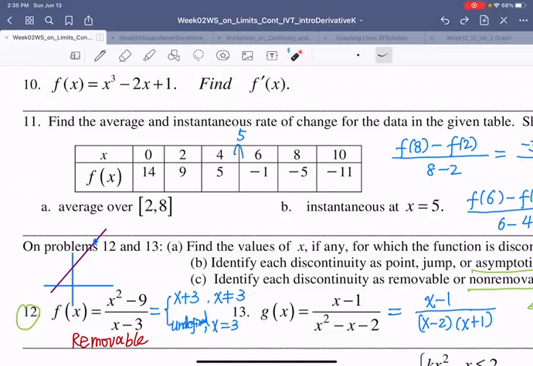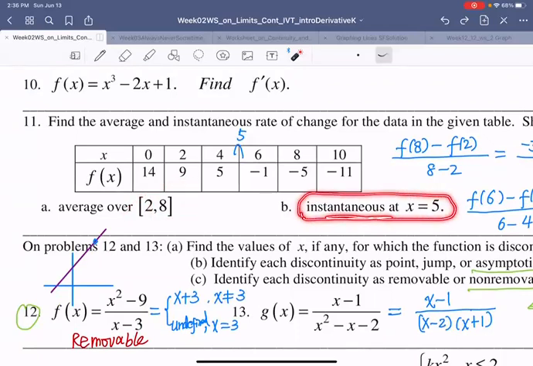Go ahead, text me your answer. Average rate over 2 to 8. Very good, Olivia. Olivia, you already got this one. Can you please go ahead to here? Let's find the instantaneous rate.